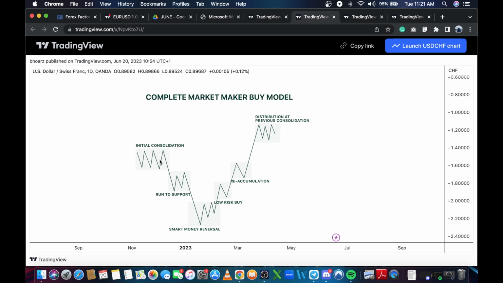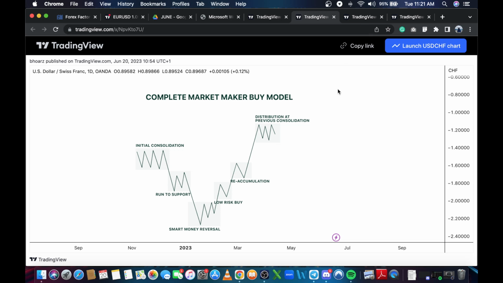Sometimes the phase of the run lower into support could be in 2 phases. It could be a consolidation with 1st phase distribution and 2nd phase distribution, then the smart money reversal, the low risk buy, the reaccumulation, and finally a run to the initial consolidation.